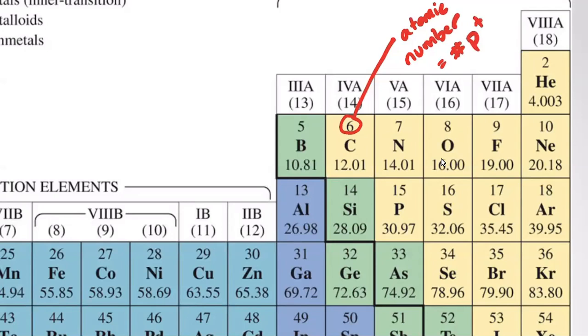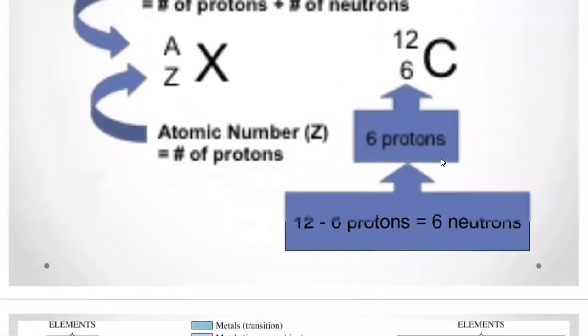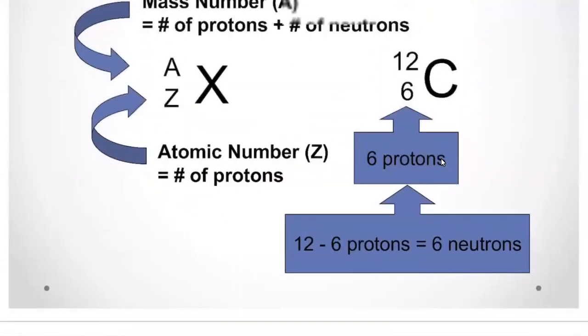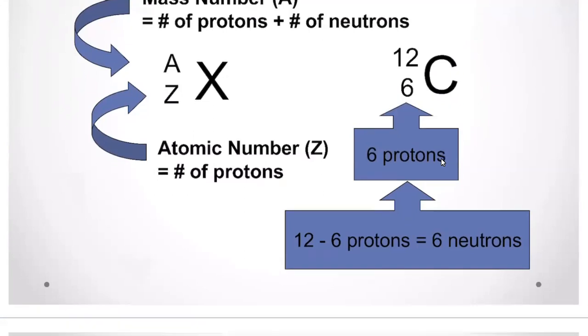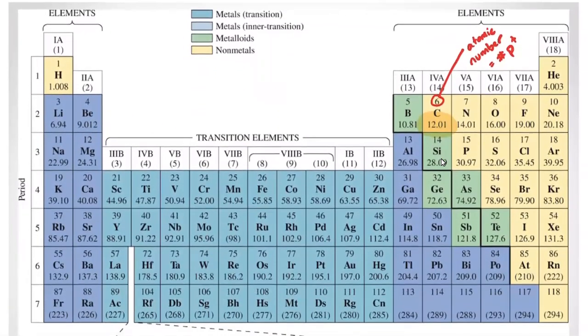What you don't see is the mass number. What you're looking at here, this 12.01, that is a relative atomic mass. So that is the average of all the different types of carbons we know in the universe. So looking at your element symbol, you don't see that 12.01, you just see 12. And that's for a very specific isotope.